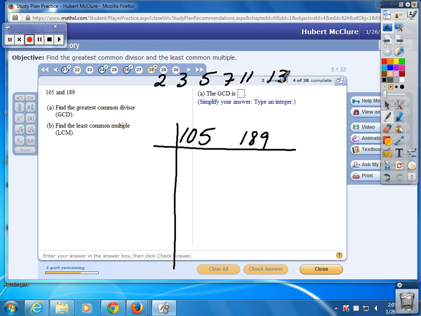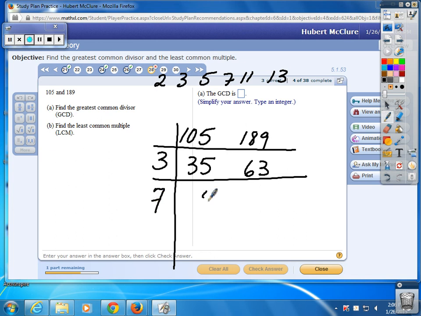So I'm going to divide by 3. 3 will go in here 3 times. That'll leave a 15, which would be 5. 3 will go in here 6 times. And 3 will go in here what? Now in this case, we know by our multiplication tables, what will go into 35 and 63? 7. So you throw a 7 in there.